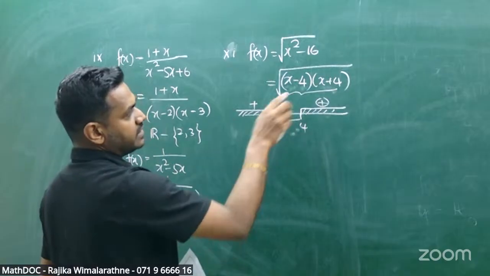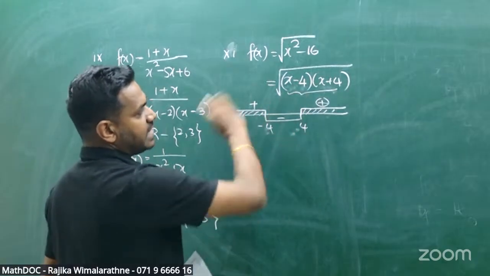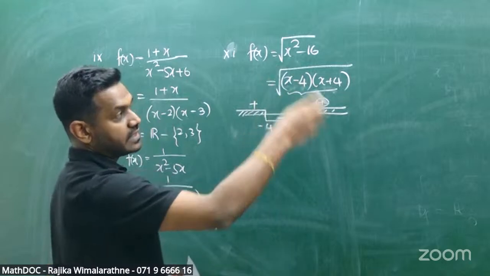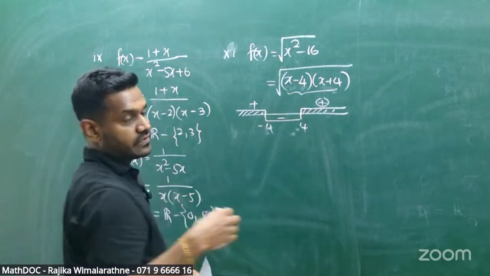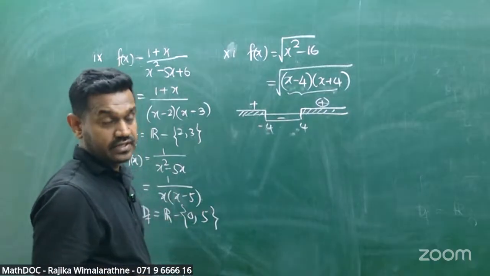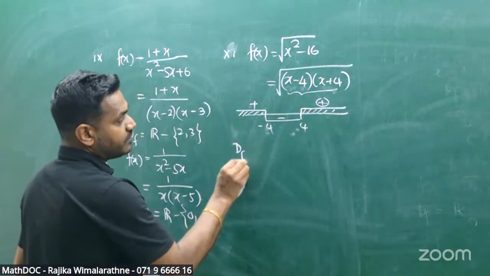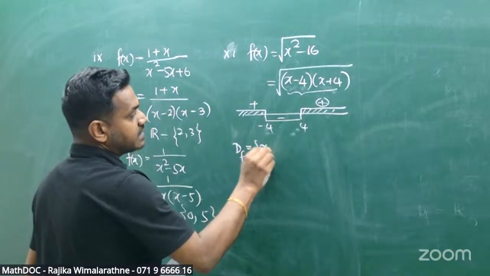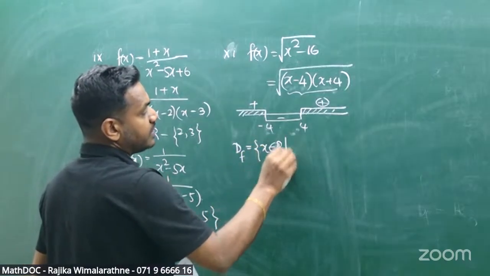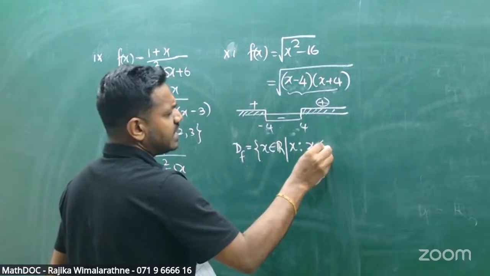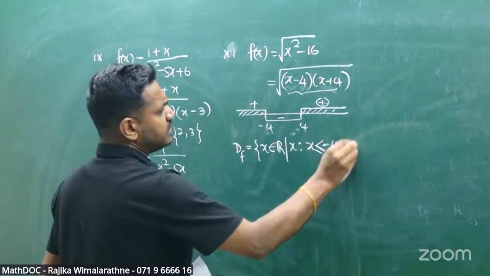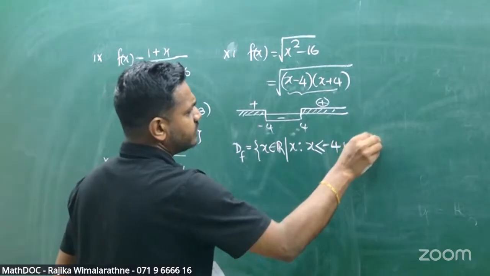Greater than 4 or less than -4, the expression is positive. In between -4 and 4, the expression is negative. Therefore, the domain is x real values such that x ≤ -4 or x ≥ 4.